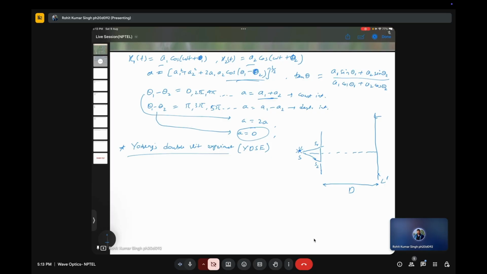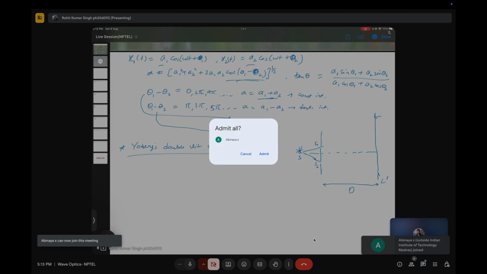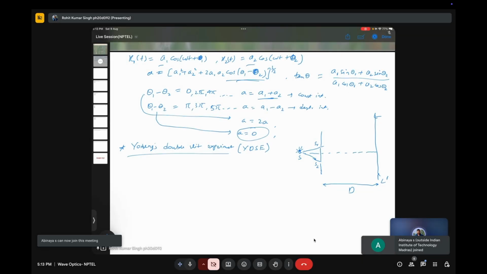That was a very remarkable discovery. Light is passing through two different openings and creating a pattern of bright and dark fringes, and no one could understand at that time what was happening. This phenomenon can only be explained if we consider light to be a wave, like water: when you throw a stone in water, it creates a wave.